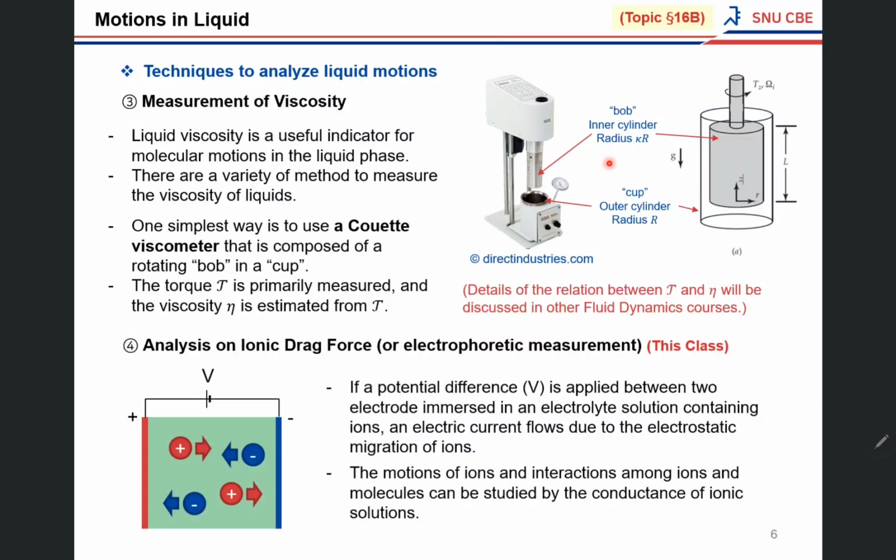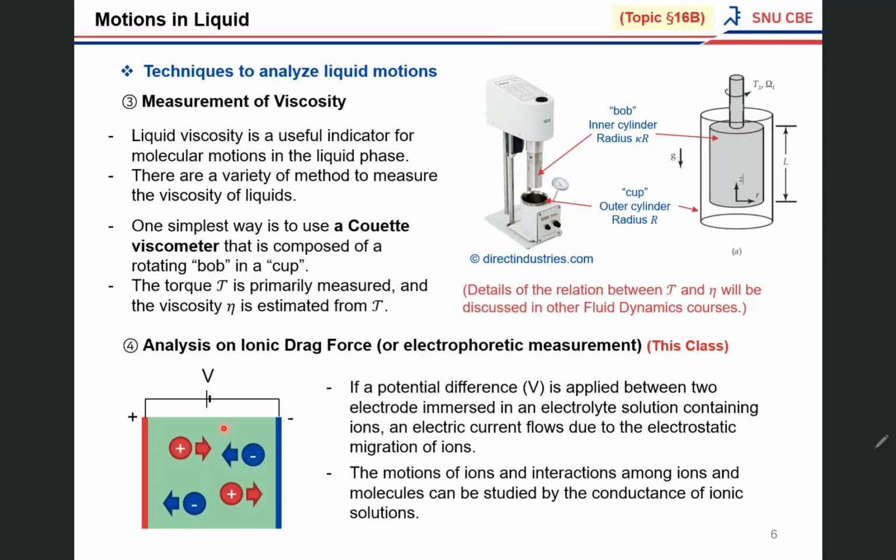And then the topic that we are going to talk about today is related to electrophoresis. So basically, it is about the movements of the ions in the liquid phase. If there is some kind of potential difference, let's say this large V, then there should be an electric field within this liquid phase, exerted on the sample. Then positive and negative ions will be dragged by the electrostatic force.